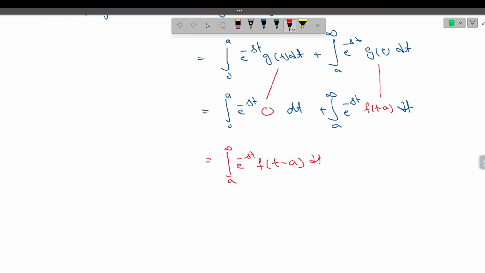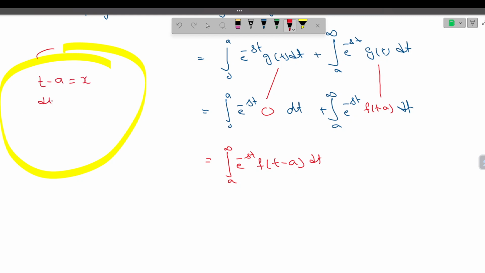Now what I am doing here: t minus a equals some variable x, I am taking. So dt equals dx. Now the lower limit: t equals a, so a minus a equals 0, x equals 0.